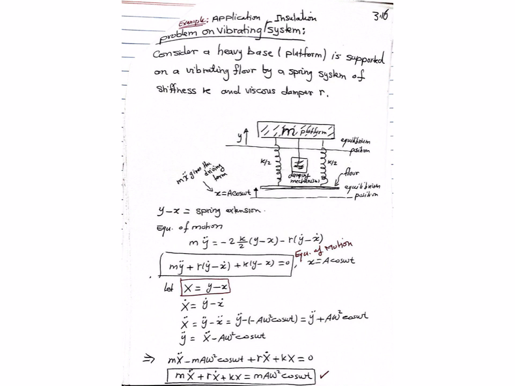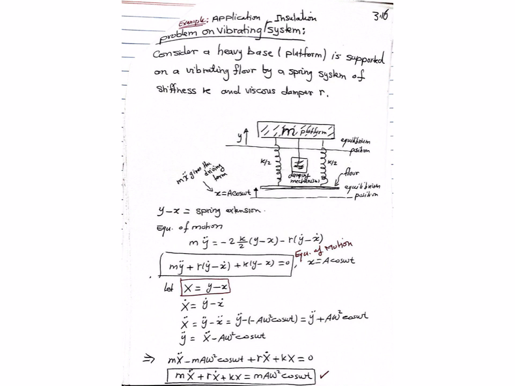I multiplied by 2 because we have two springs connected with the mass m in parallel, and as we discussed in chapter 1, in this case we have to add them together. Like capacitors, if they are connected in series, we have to take the reciprocal of the stiffness. The last term of this equation is the damping term, which is minus r times (y dot minus x dot). Now this is the equation of motion.